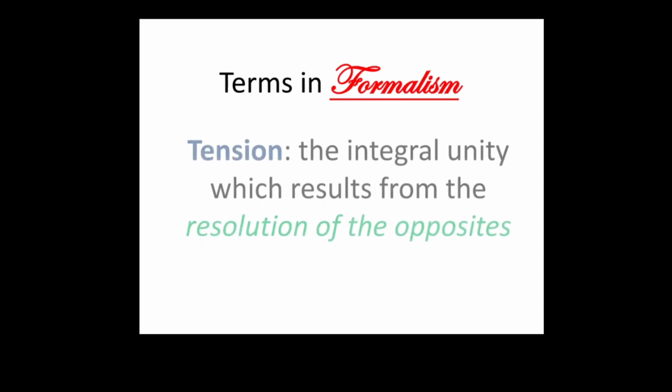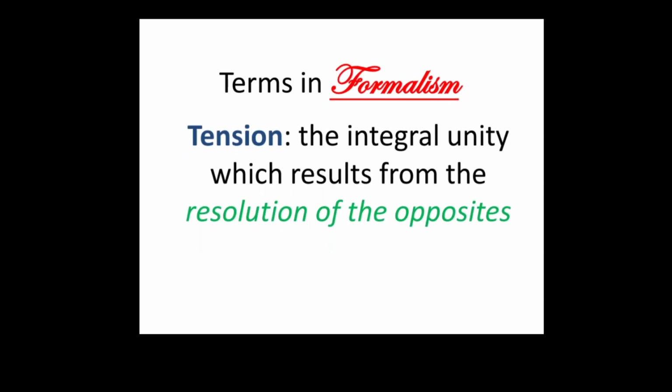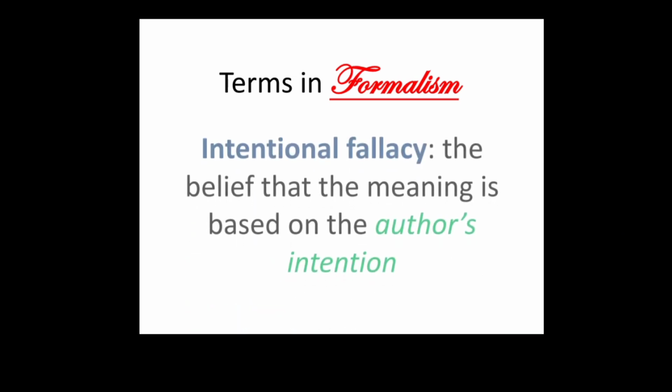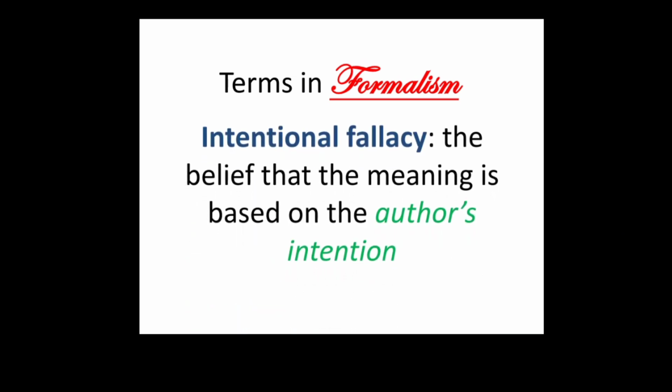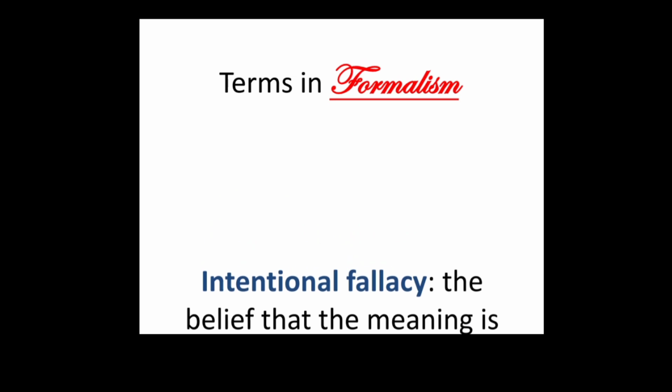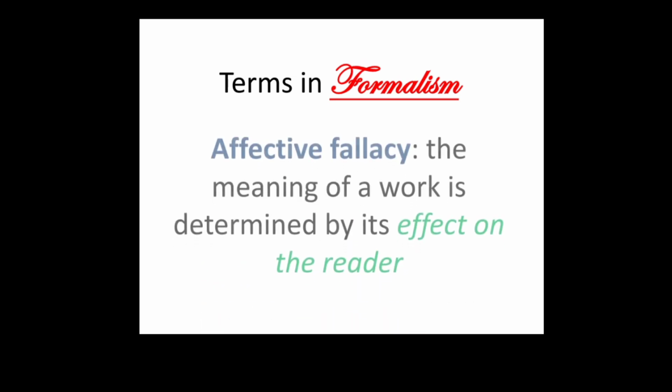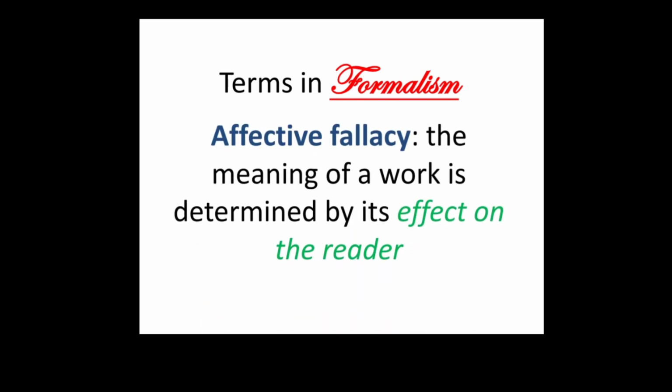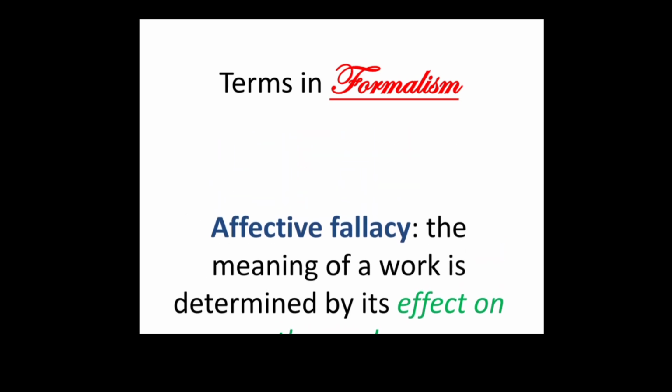Terms in formalism: the tension, the integral unity which results from the resolution of the opposites. Intentional fallacy, the belief that meaning is based on the author's intention. Affective fallacy, the belief that the meaning of a work is determined by its effect on the reader.